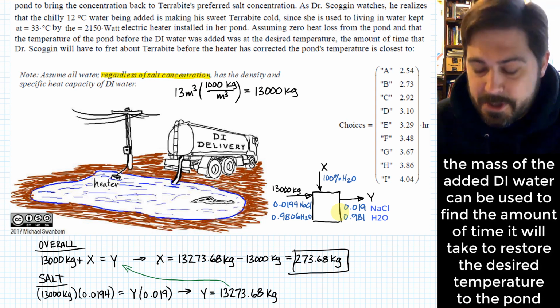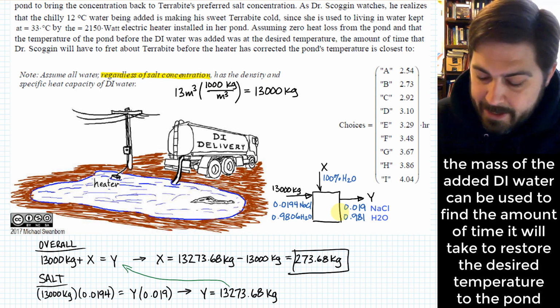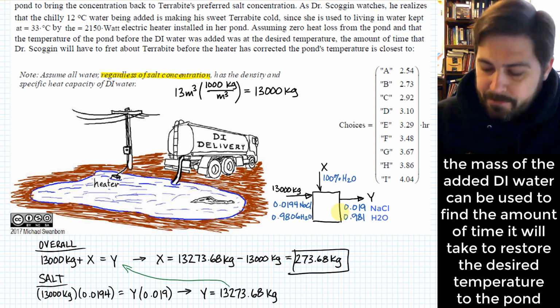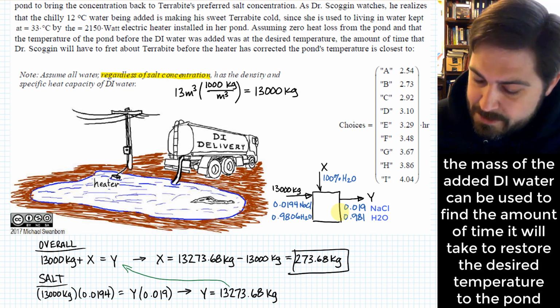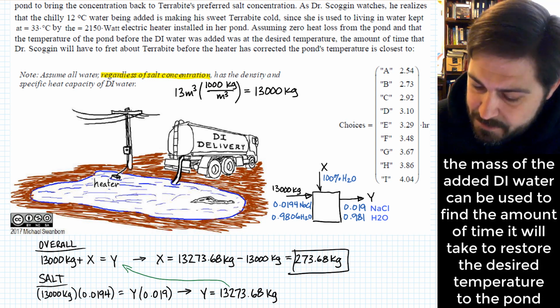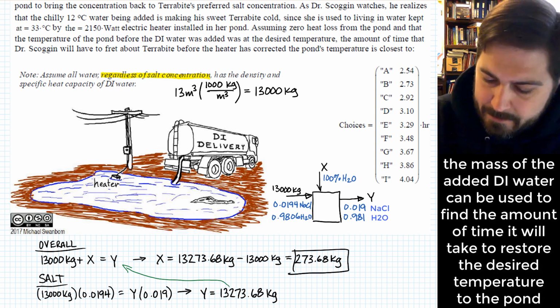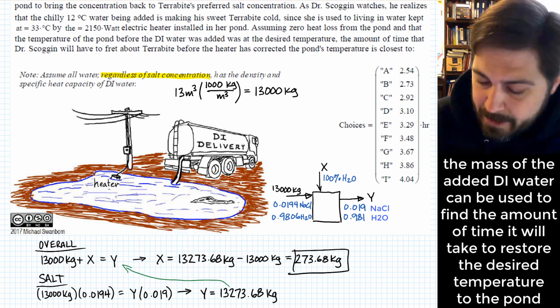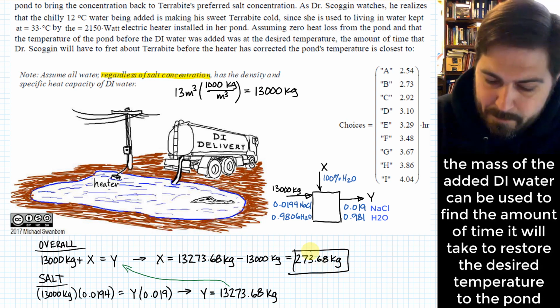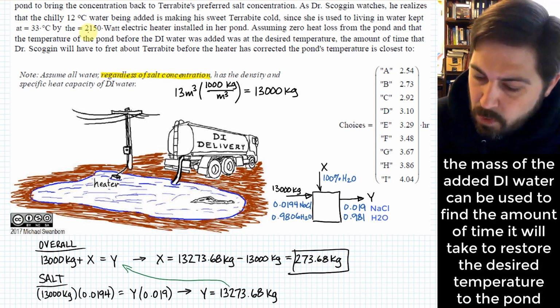The heater's job is just to heat up the water that we had to add, which we found was 273.68 kilograms. So we're going to do a quick computation to figure out for that mass of water how much time this power of heater would need to work.